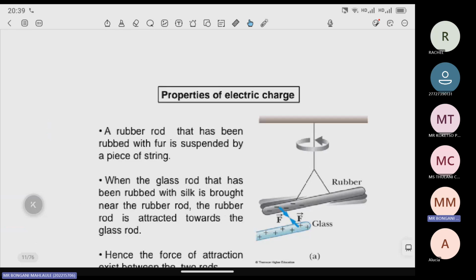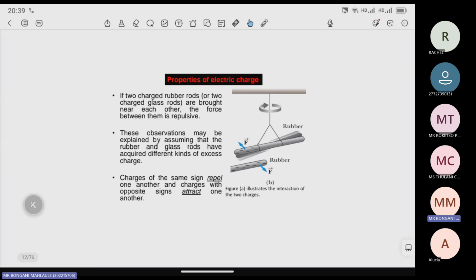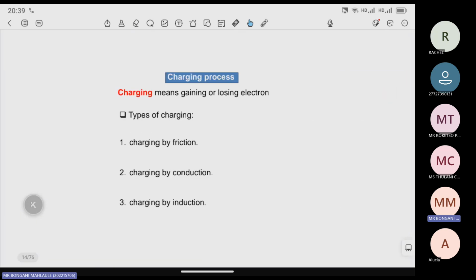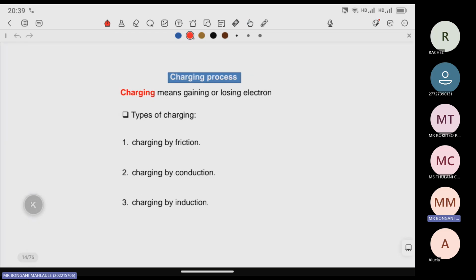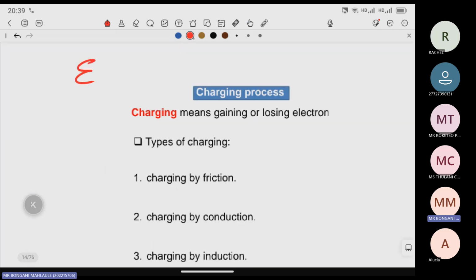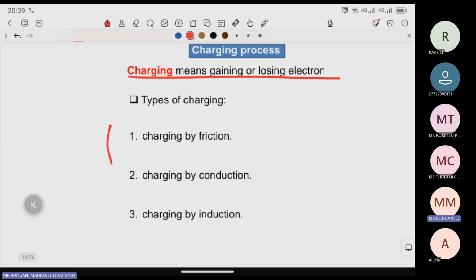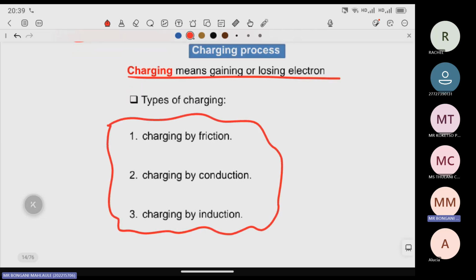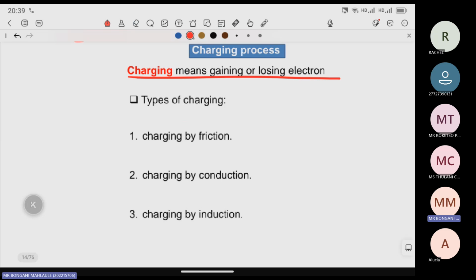Then we've got types of charging. During charging of electric charges, there are 3 types, and you must know all of them. The first one is charging by friction, the second is charging by conduction, and the third is charging by induction.